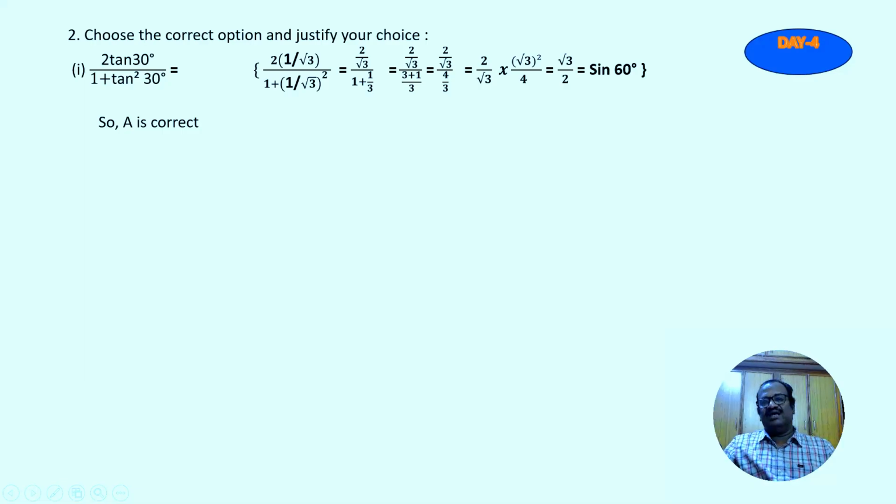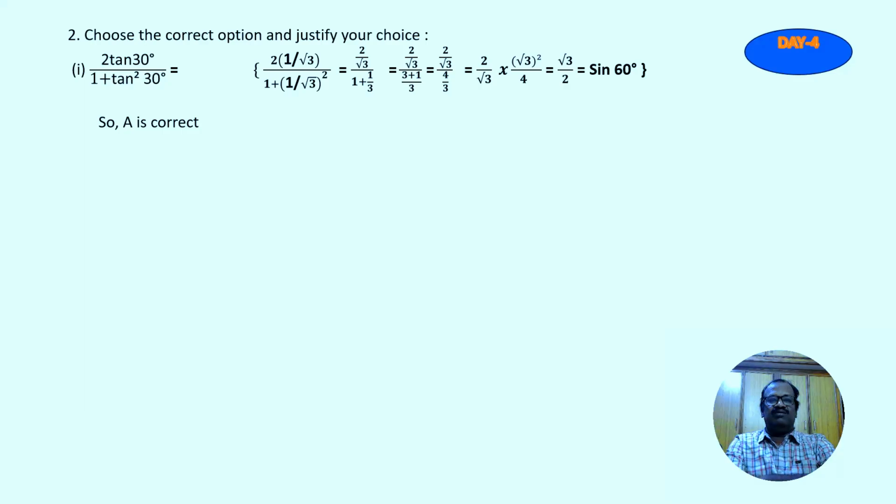This is the only simplification that many people struggle with, because here fraction by fraction is given and LCM has to be taken. This is the only problem for every student.